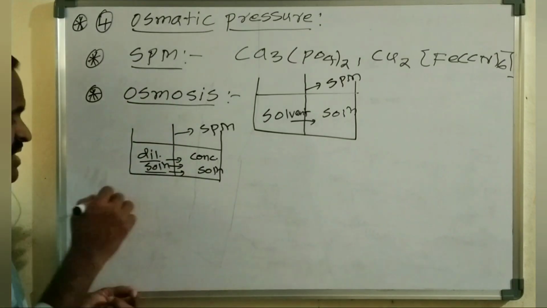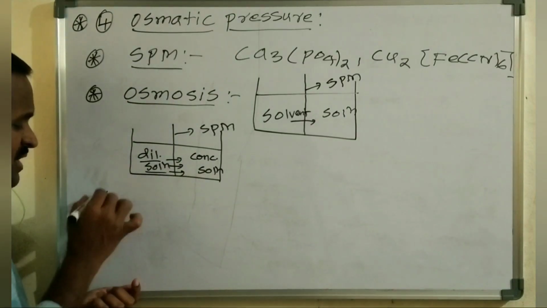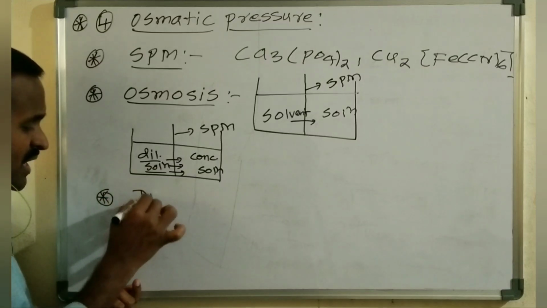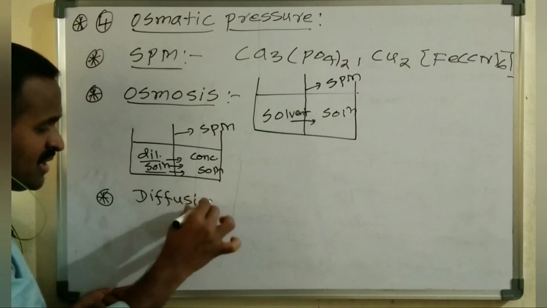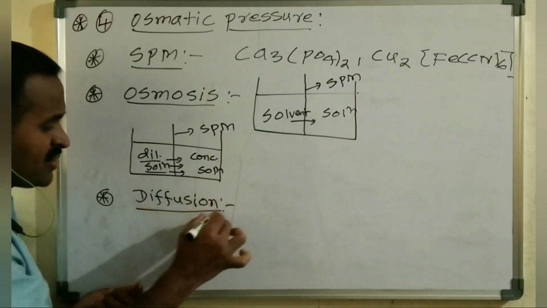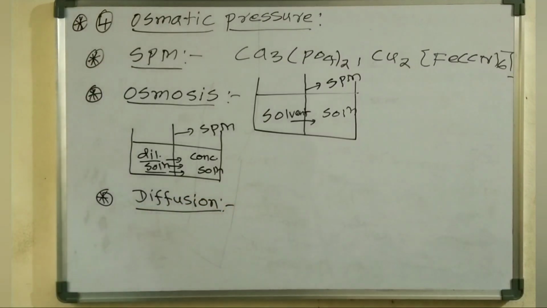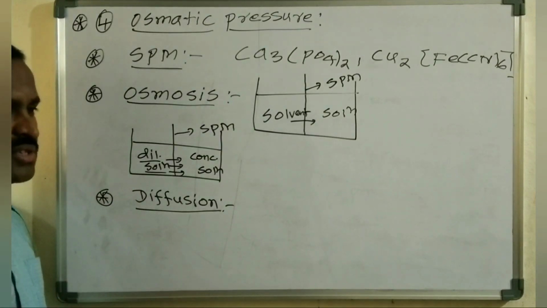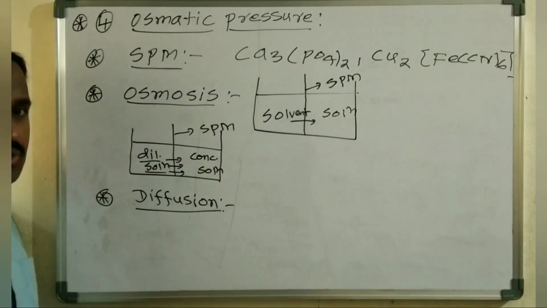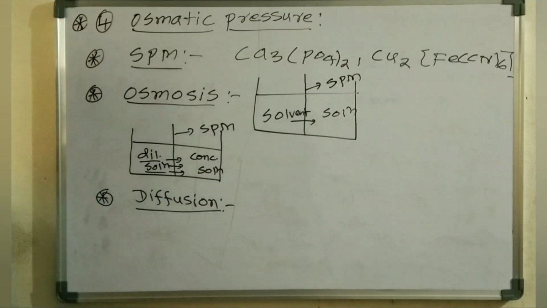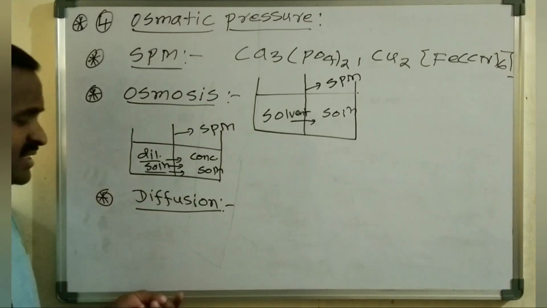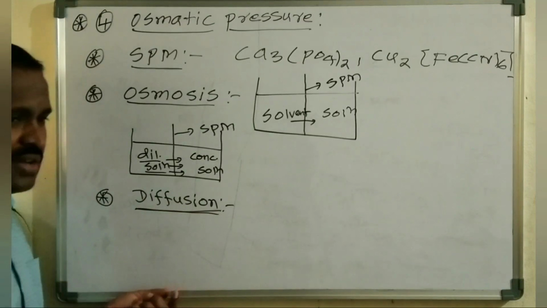Another word is diffusion. Diffusion is also a spontaneous flow of solvent molecules or solute molecules from one solution to another, and no semi-permeable membrane is required in the case of diffusion.